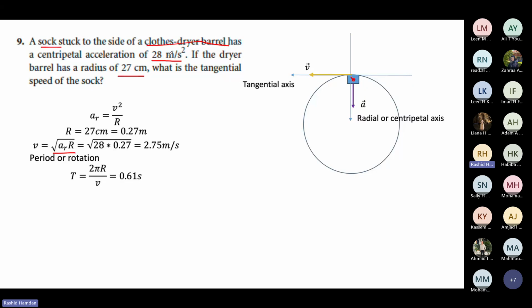The acceleration is given in meters per second squared, so I have to use the radius in meters. Here I find the speed, but I also wanted to find the period. So it's 0.61 seconds. The period is the perimeter of the circle over the speed of rotation.